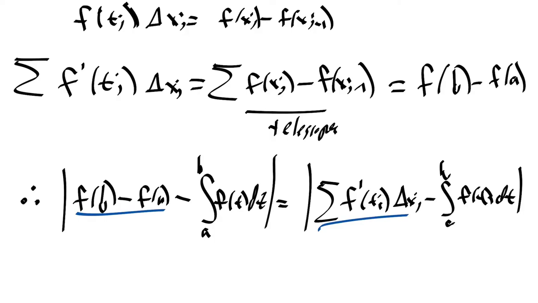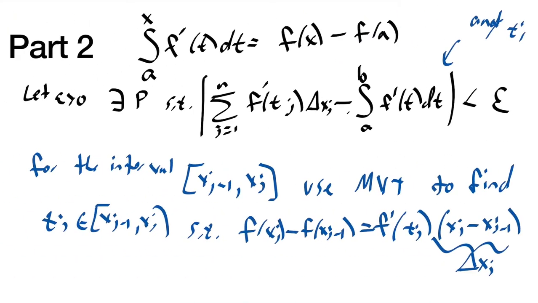So in short, the mean value theorem lets us replace this sum with the values themselves. The mean value theorem makes a connection between the values of f and the values of the derivative. But this is what we started out with, that was less than epsilon. So f of b minus f of a is within epsilon of the integral, and it's true for all epsilon, so they have to be equal.